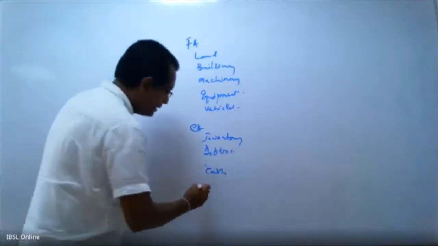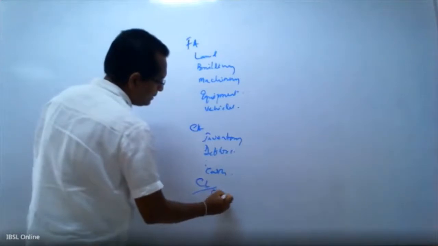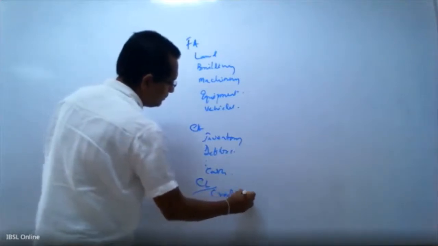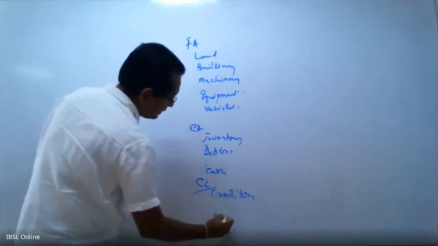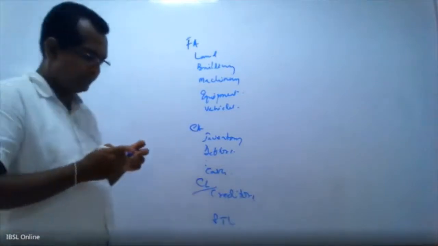Then we have current liabilities, which are creditors, short-term facilities, right?